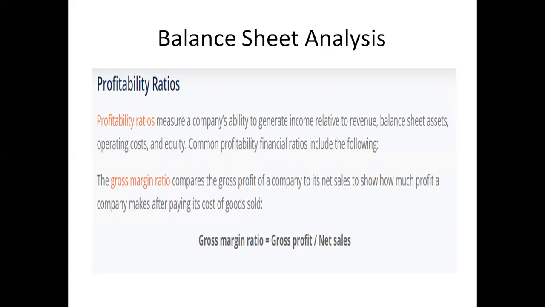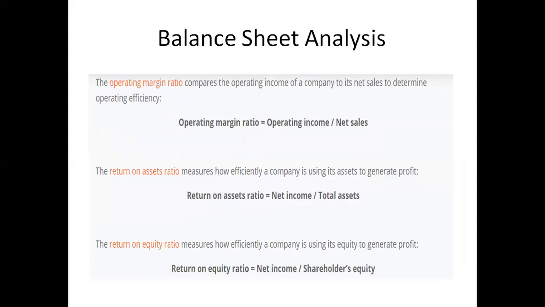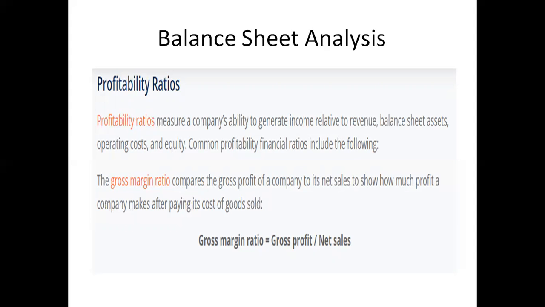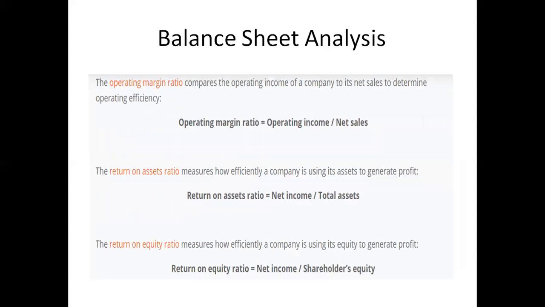It gives us an idea about the company's profit retention capability, or how much the expenses are eating up your sales revenue. So you have two. One is the gross profit margin ratio, and the other is the operating margin ratio, or operating income, or the earnings before interest and taxes by net sales. So it means how much of the profit we are able to retain, because the more we retain, the better.